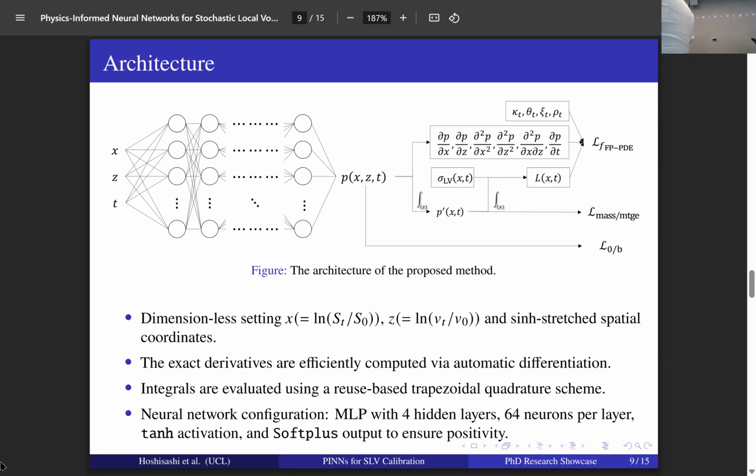So by doing automatic differentiation, we can take each derivative efficiently, and in parallel, we also do the integrals to get the leverage function, and to check the total mass condition and the martingale condition. So this is the whole architecture.